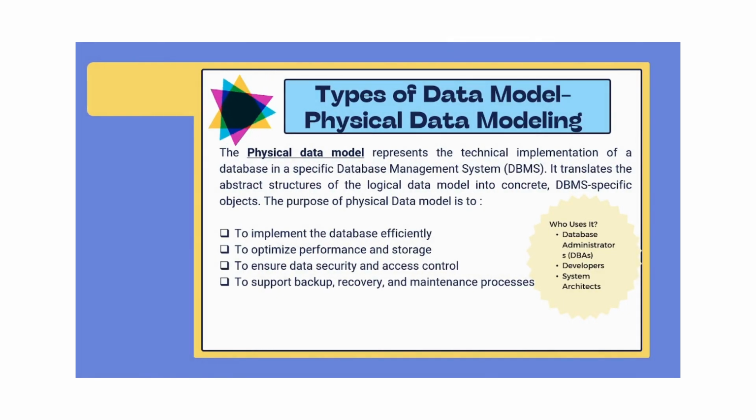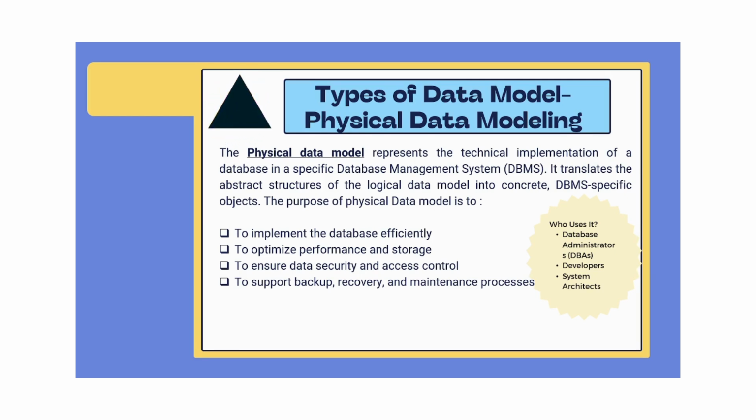The next one is physical data modeling. The physical data model represents the technical implementation of database in a specific database management system. It translates the abstract structures of logical data model into concrete DBMS specific objects.